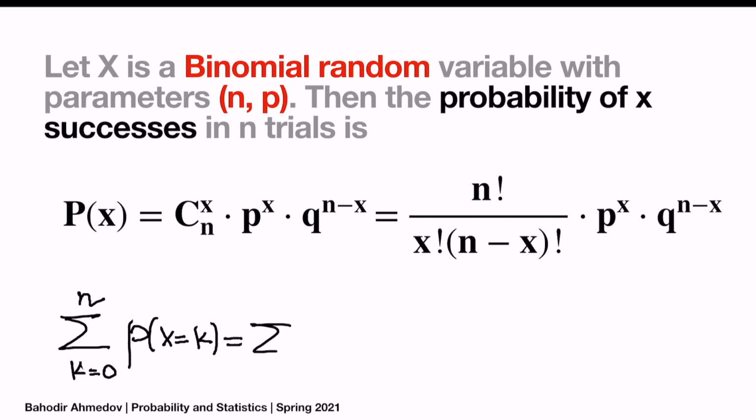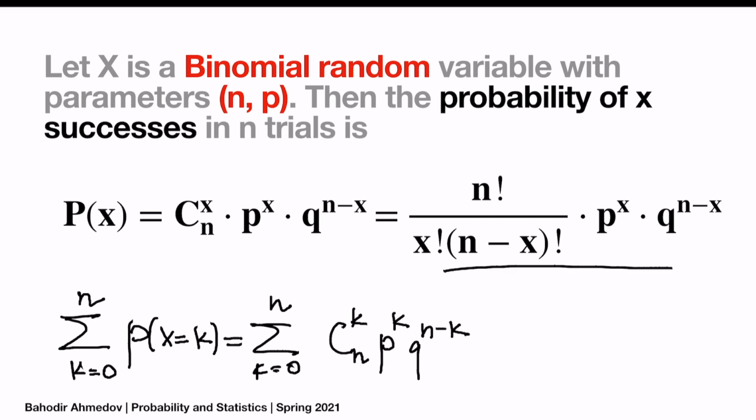It is going to be the summation as k goes from 0 to n of C(n, k) p to the power k, q to the power n minus k, right? I'm just using this formula, okay? Please note that this summation is nothing else than the binomial formula when you expand (p plus q) to the power of n.